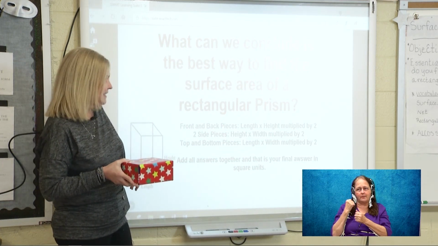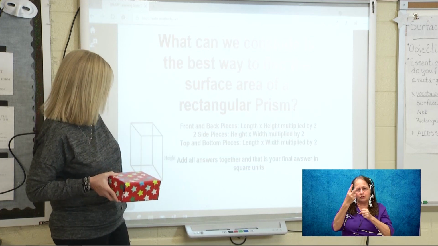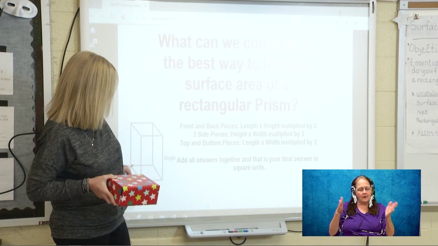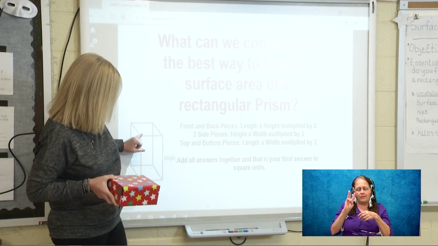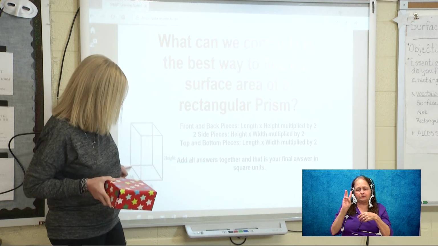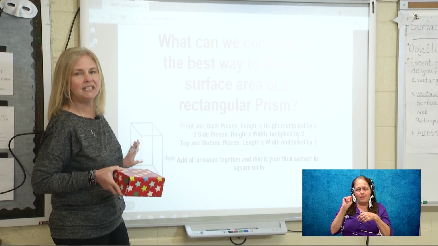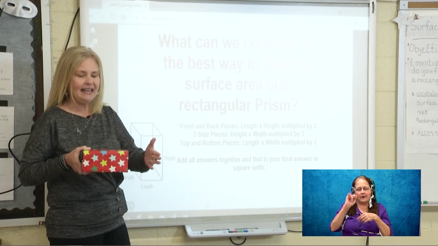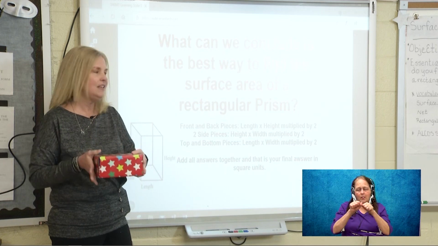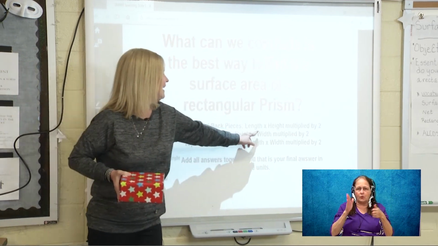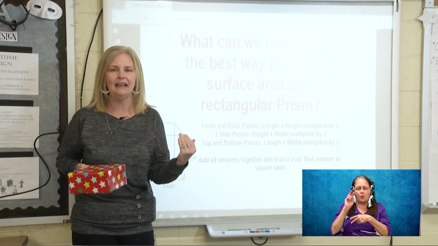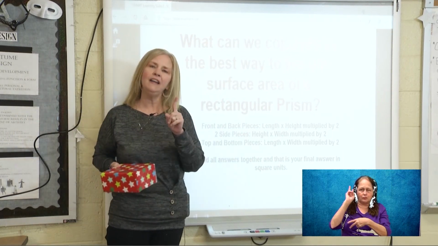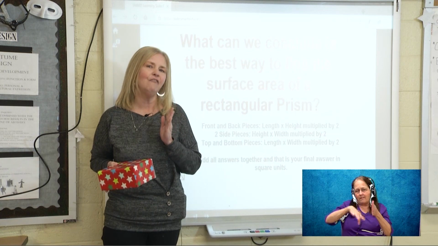Then, if I take the 2 side pieces, I can take the width times the height, because here's a side and here's a side. There's the height, there's the width, which makes up the 2 side pieces. And I can get the area of this side and this side. So I would say height times width, and I multiply it by 2 because I have 2 sides. If I just do one of them, then I'm only finding the area of one side.